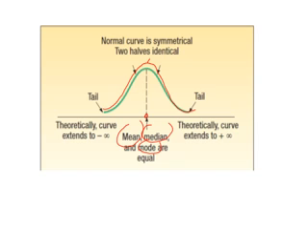Half of the area of the normal curve is to the right and the other half is to the left.